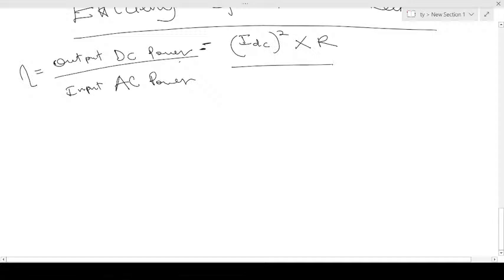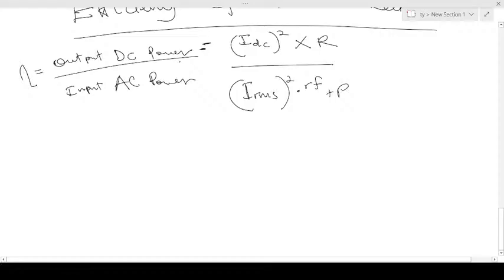Now our input AC power is the root mean square value of the current, squared, multiplying RF plus R. Now we know that RF is the forward resistance of a diode.